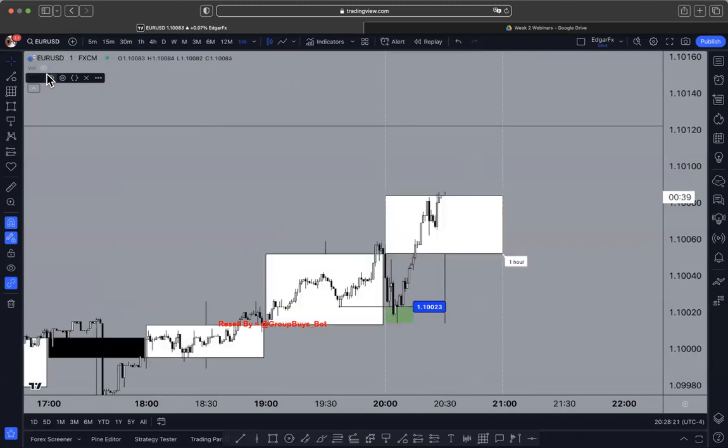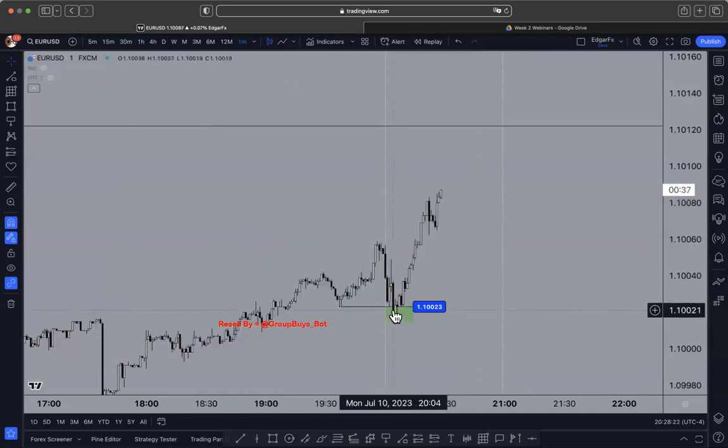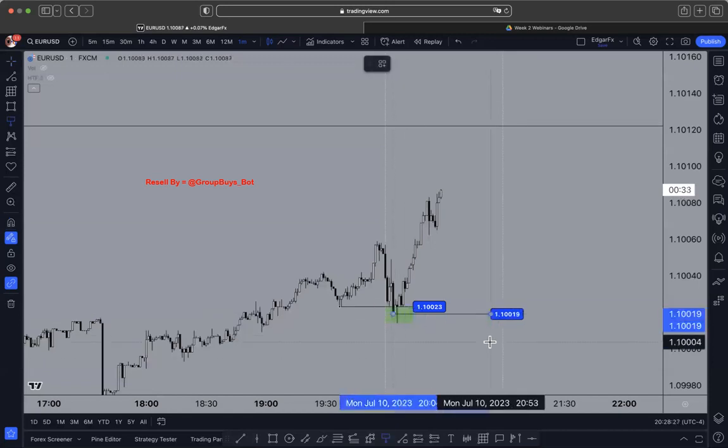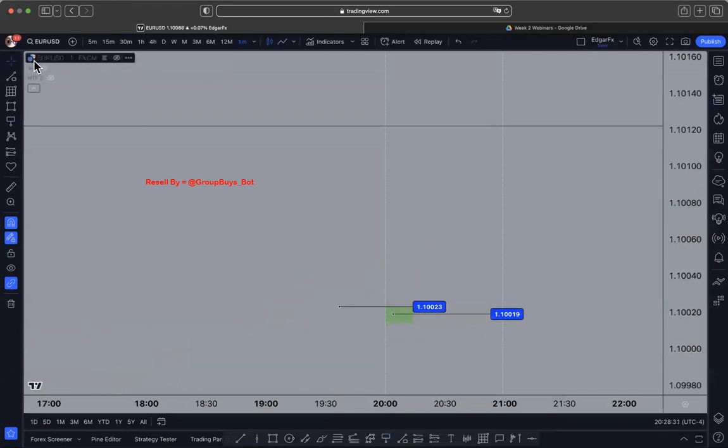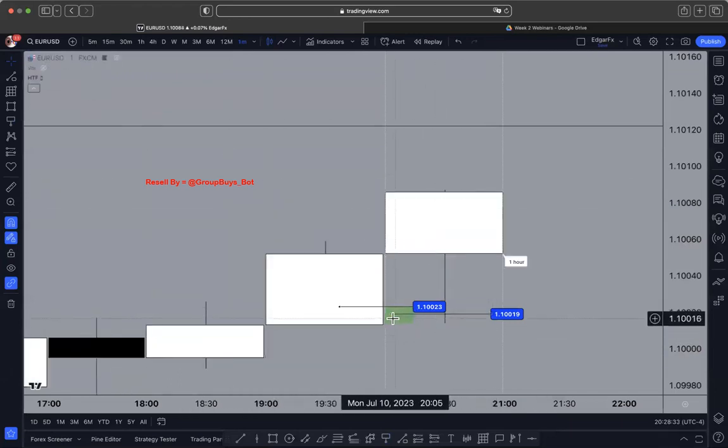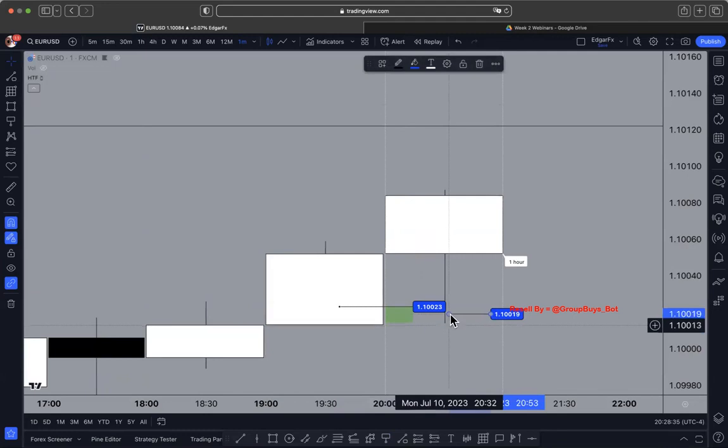So if you're trying to buy this down candle, imagine this. If you bought here, it's the same as your entry going right there on the wick of that hour.